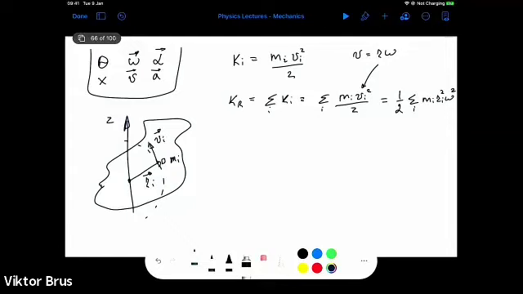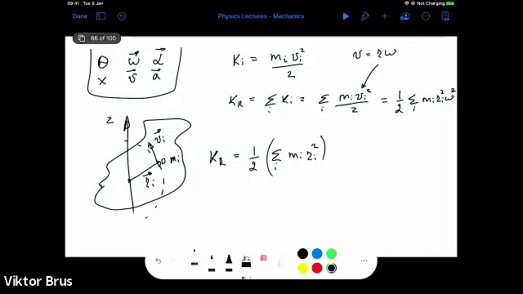Omega is constant for all parts of the rigid body. It's the parameter which describes all parts of the rigid body, so it doesn't change from part to part. So we can write separately that kinetic energy of rotation is equal to 1/2 omega squared times the sum over all parts of the body of the products m_i r_i squared.